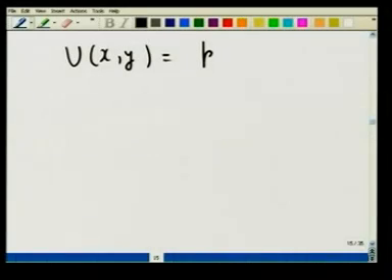Let us take another example. Let me just hook up U(x,y) to be kxy, as I said earlier, as an example that I took earlier, and let me now plot the constant U surfaces.